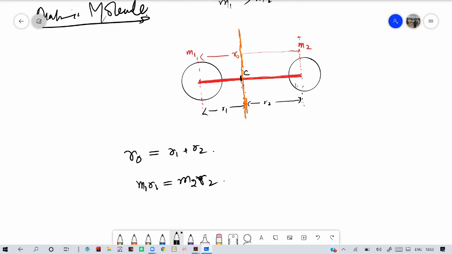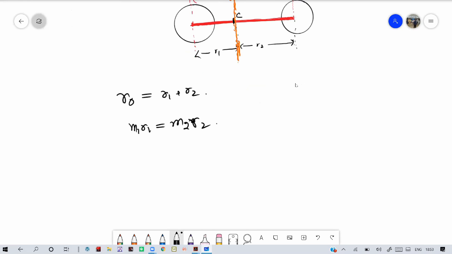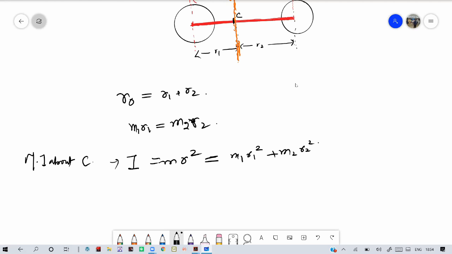Now, you know that I is equal to m r square, and in this case it is equal to m1 r1 square plus m2 r2 square. About the center of mass C, this is the moment of inertia.